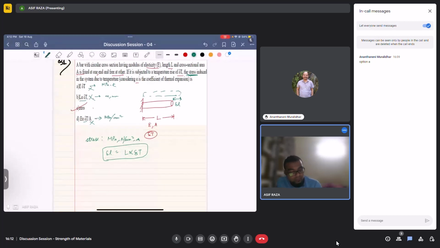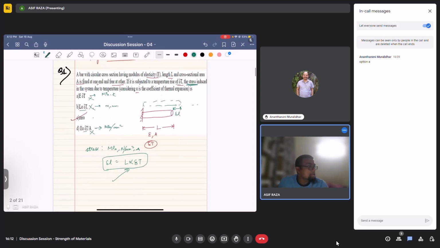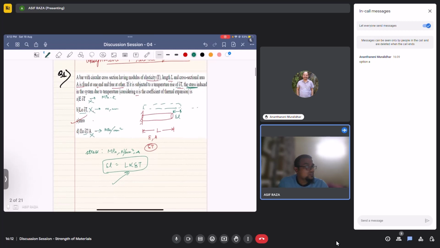It can expand freely as much as possible with this delta T. The expansion would be L alpha delta T. Since the bar is free to expand, the stress in the system will be zero. I think it is clear from both ways, dimensionally as well as conceptually.